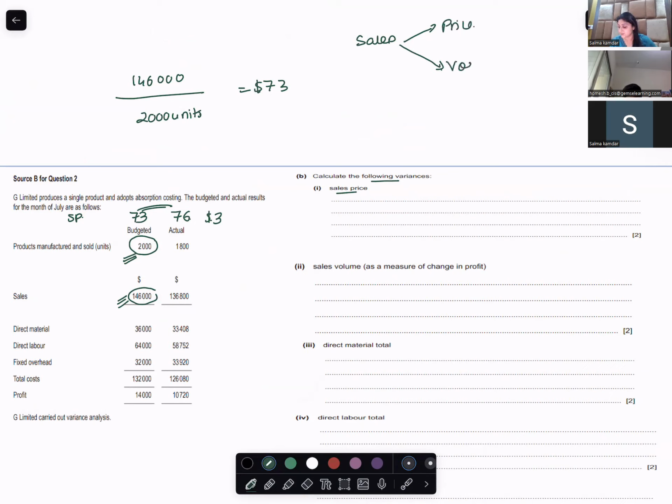Quantity or sales volume? Up is volume, and down is price. Volume is SR and AQ, correct? Right. Now price would be what?